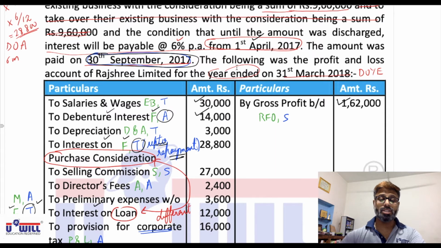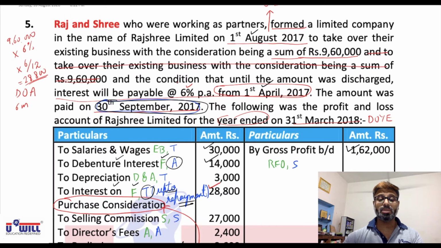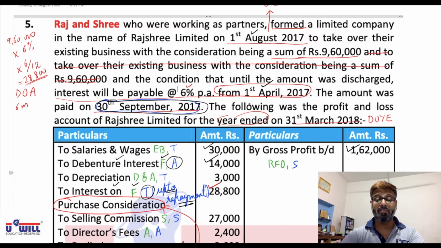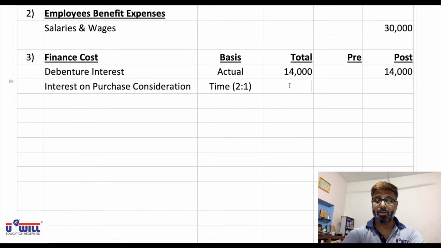What is the interest on purchase consideration amount? 28,800, which we also calculated here. 9,60,000 into 6% into 6 by 12, that also comes to 28,800. We have already cross verified that. So 28,800 into 2 by 3 is 19,200 and 28,800 into 1 by 3 is 9,600.